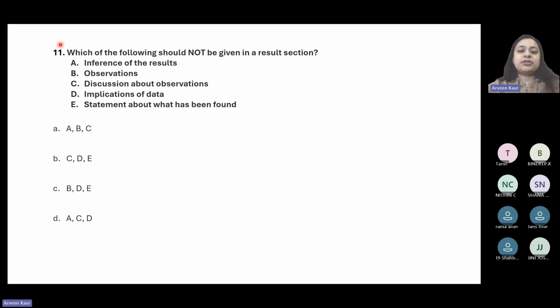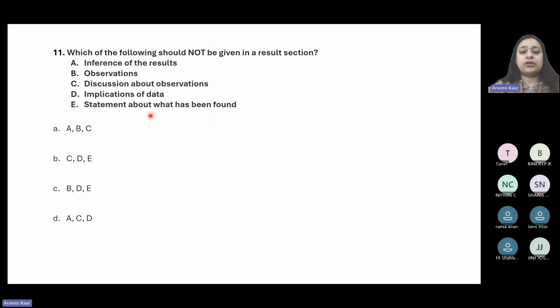Then we come to question number 11, which is: which of the following should not be given in a result section? Is it inference of the results, or observations, or discussion about observations, or implications of the data, or a statement about what has been found?